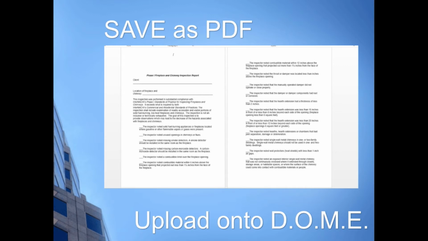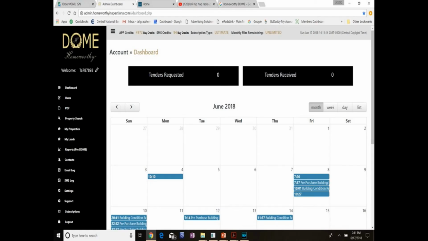So what you can do is, if you have a checklist or a form that you can use, you can upload those forms into D.O.M.E as a PDF. If not, you can copy it into Microsoft Word and save it into D.O.M.E. Once you're inside D.O.M.E, this is the dashboard. Everything that you will need to do in Homeworthy D.O.M.E is going to be here on the side.